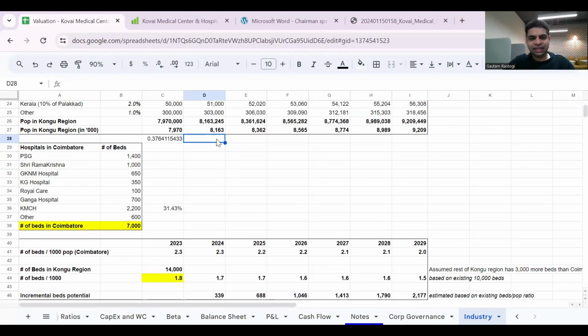So this city with 40% of the population in this region, don't you think it can have 50% of the beds in that entire region?